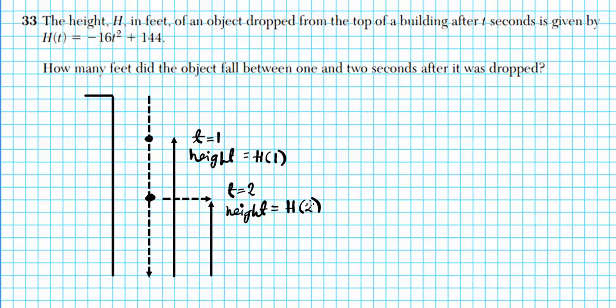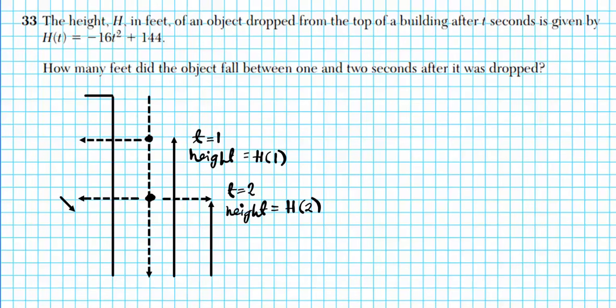Okay, now the question is asking how many feet did the object fall between 1 and 2 seconds. So what we're looking for in this problem is the difference between this height right here, h of 1, and this height right here, h of 2. What is that distance? That's what we're looking for, okay?